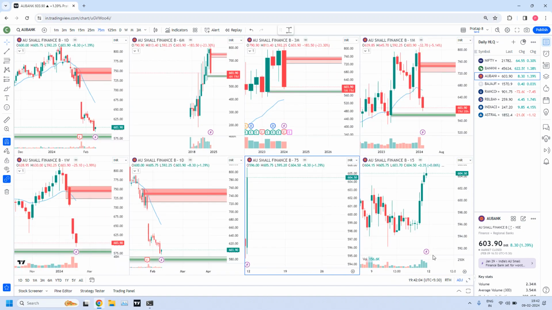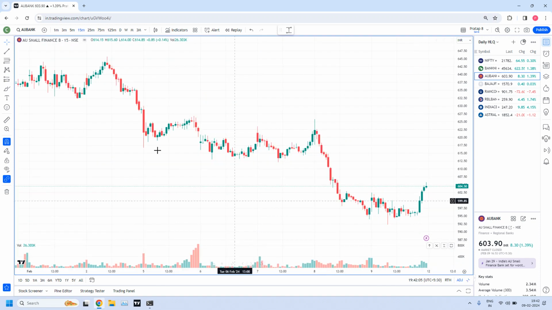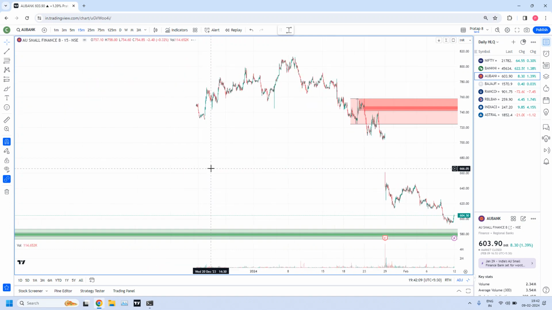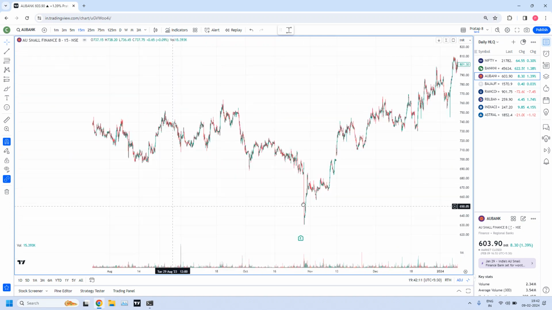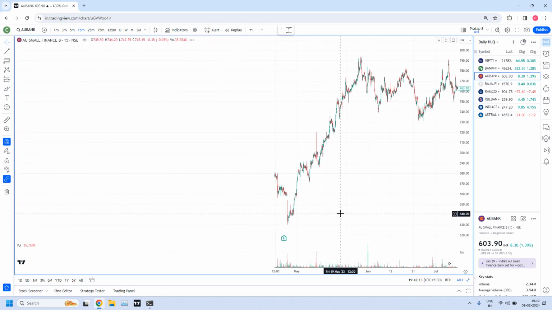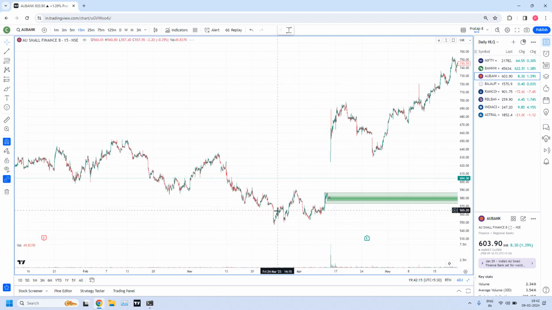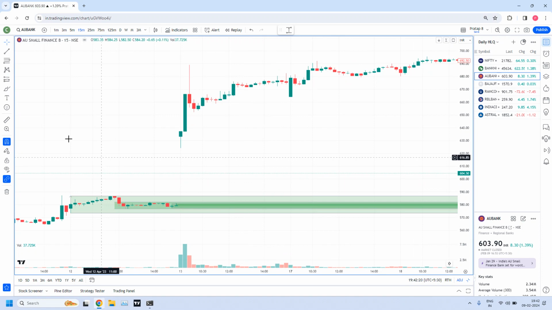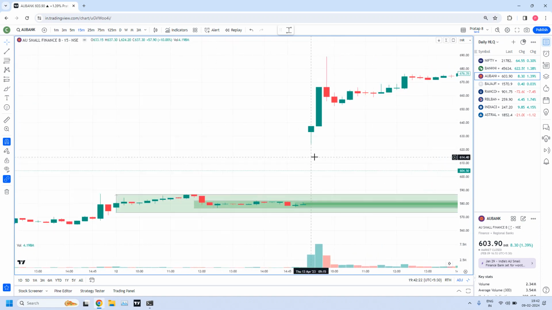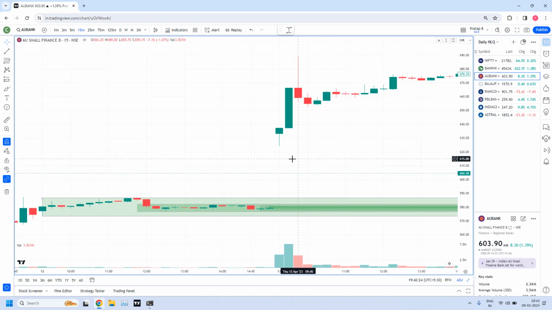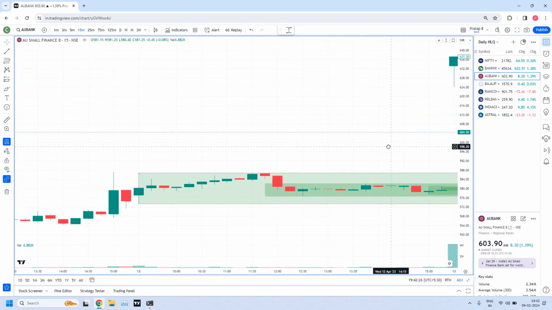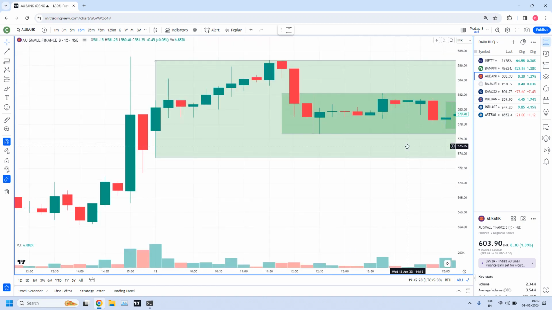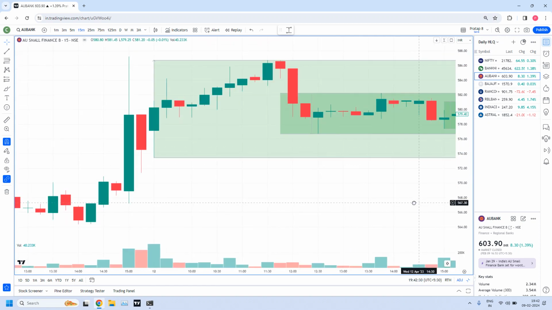So let me go to the 15 minutes time frame. See here, inside we identified a drop. Because of this gap, we are not able to see the candles properly.